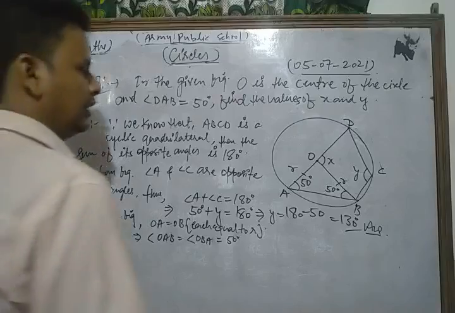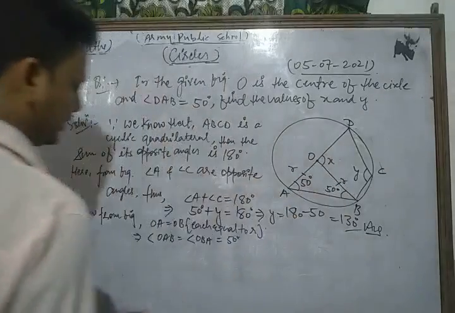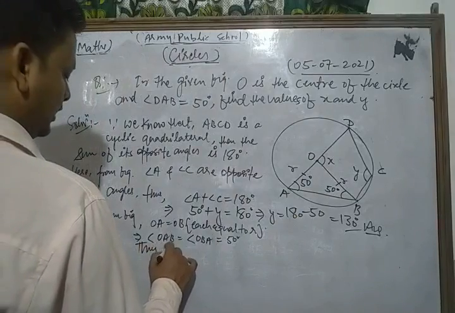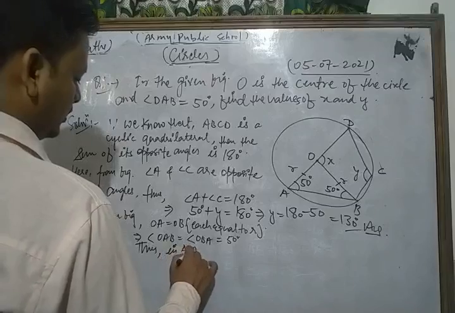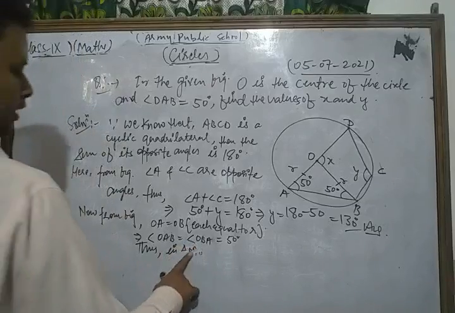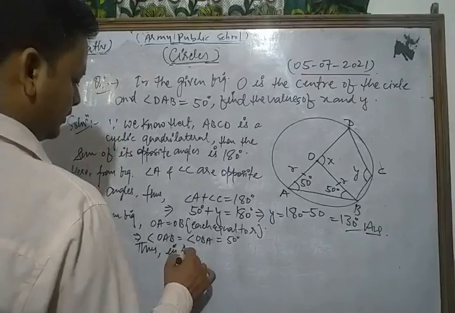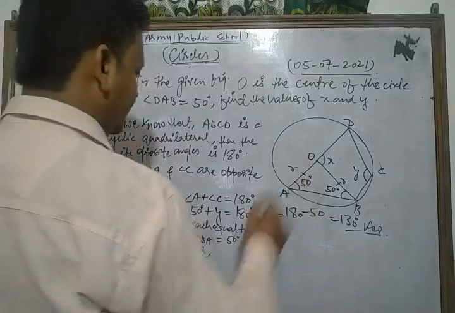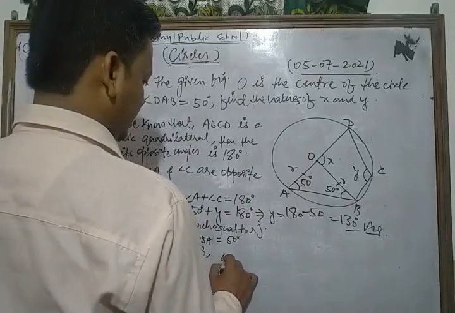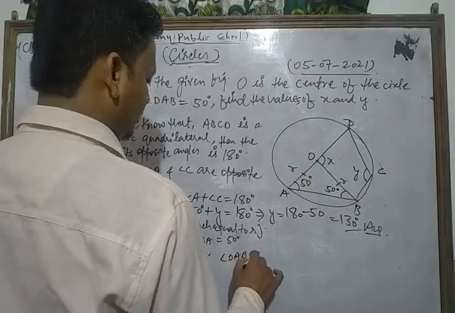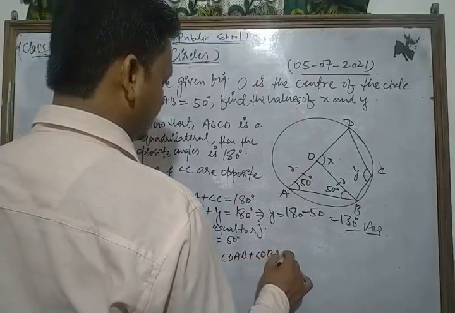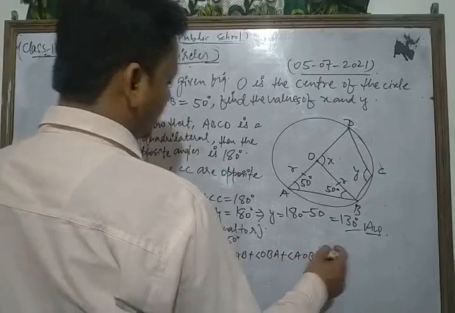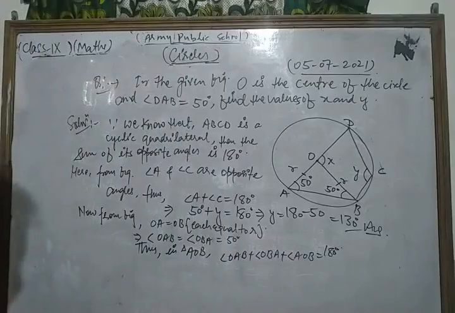So from there we apply the angle sum property of the triangle. In triangle AOB, we apply the angle sum property, meaning angle OAB plus angle OBA plus angle AOB is equal to 180 degrees.